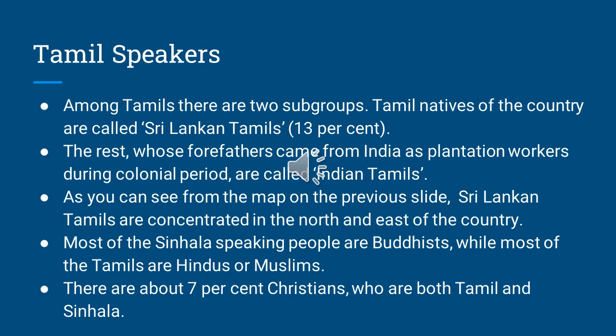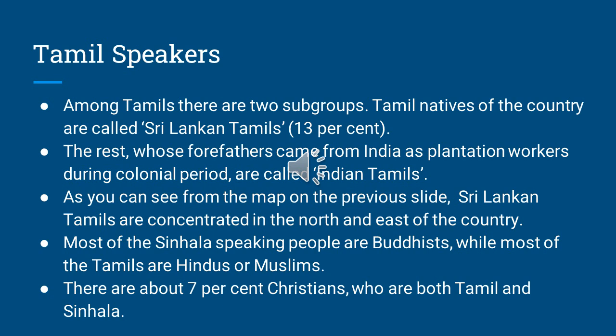Now let's discuss Tamil speakers again. Among Tamil speakers there are 2 subgroups. Tamil natives of the country are called Sri Lankan Tamils, 13%. We have already discussed that in the previous slide. The rest, whose forefathers came from India as plantation workers during the colonial period, meaning British rule, are called Indian Tamils.